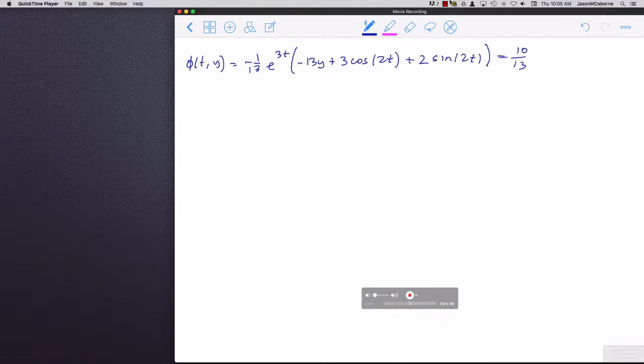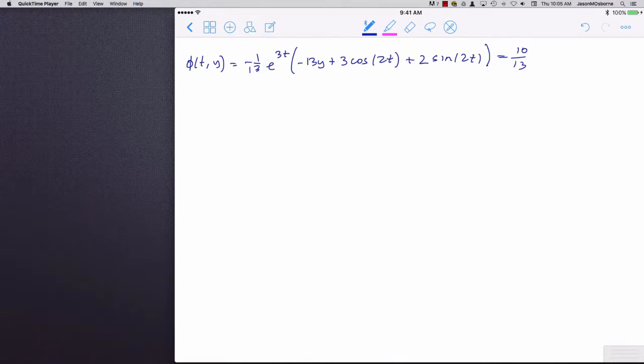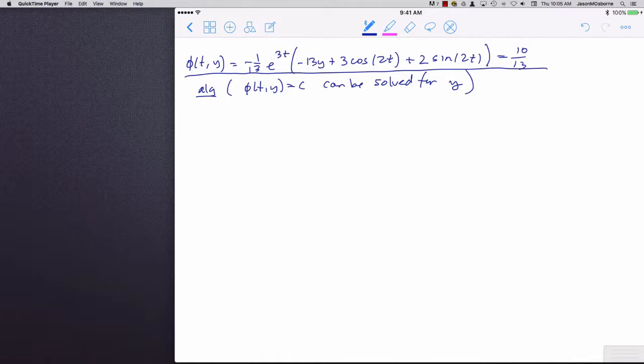Okay. Now observe, if you do a little algebra on this problem, my claim is that the equation phi of t comma y equal to a constant can be solved for the function y. Okay, we can actually take this implicit formula here for y and solve it explicitly for y.